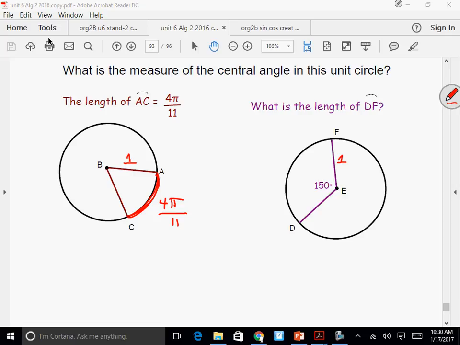So here's what's true. This pizza, whose radius is 1, if you cut it, you would have 4 pi over 11 of its crust. Now, if we were to double the size of this pizza, the crust would double as well.